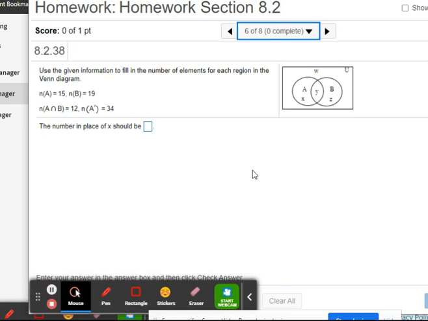I'll tell you that this is set A, this is set B, this is W, Y, X, Z, and then this is the universal set out here. They should then tell you to go back and find all the different pieces. They're going to ask you to find X and Y and Z and W.